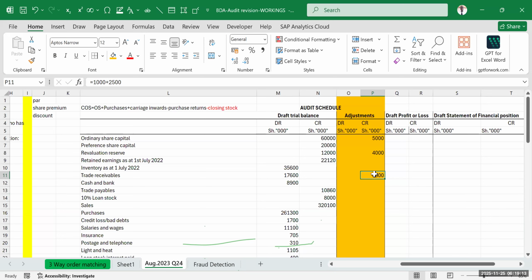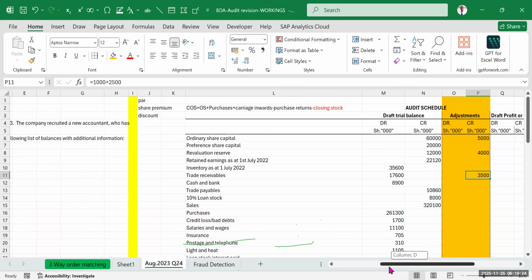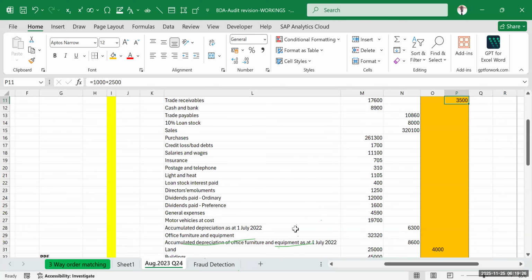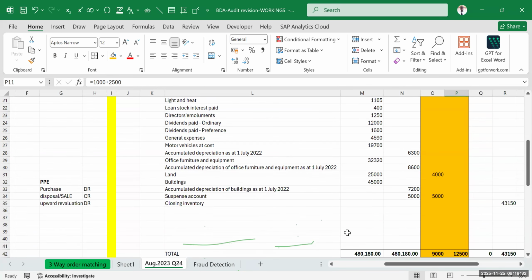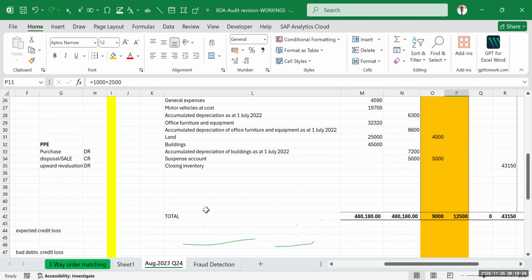Then at the same time, we now go and look for the debit entry. We've credited. So what is the corresponding debit entry? So we come to our debit entry and say our expected credit loss. We can call it expected credit loss or increase in provision. We didn't have a balance for that because this is something that has come in as additional information.